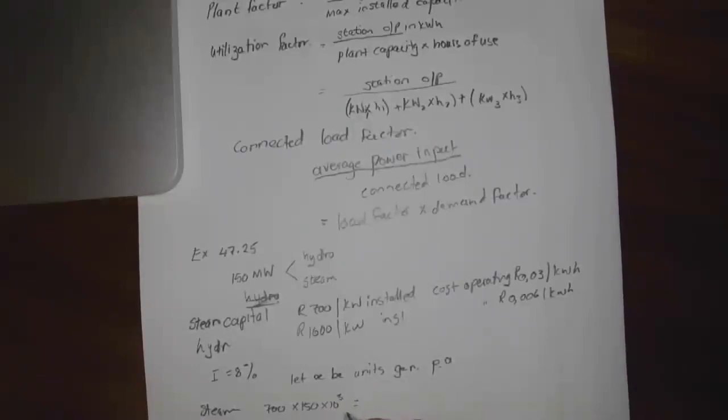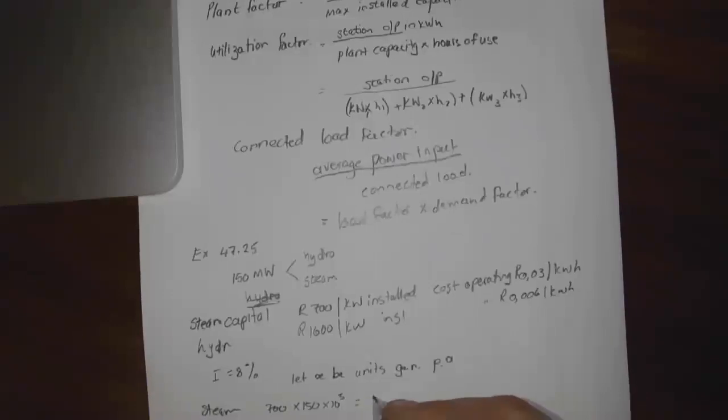That is 10.5 times 10 to the power of 7. Oh, 105 million.